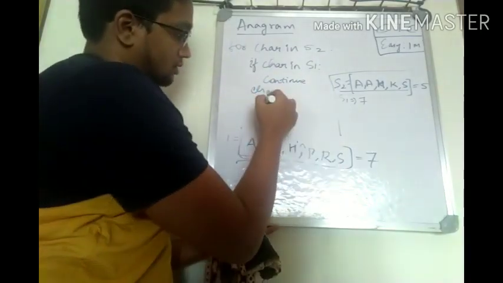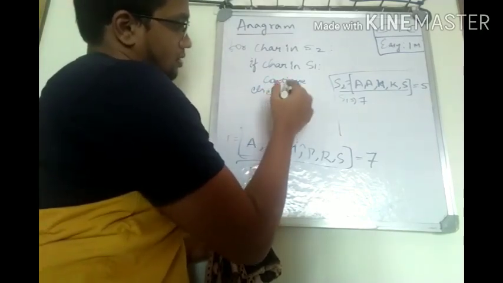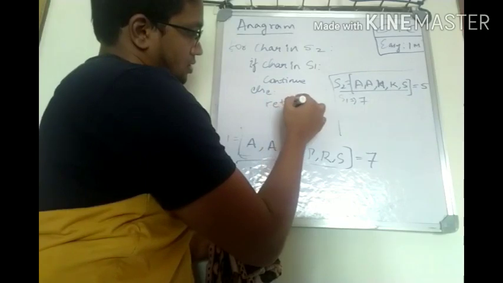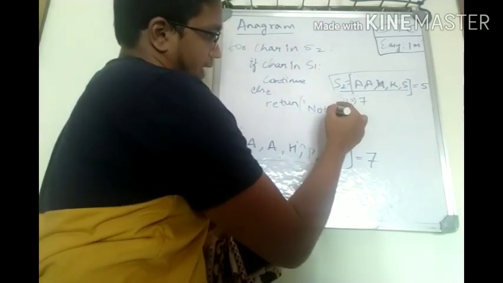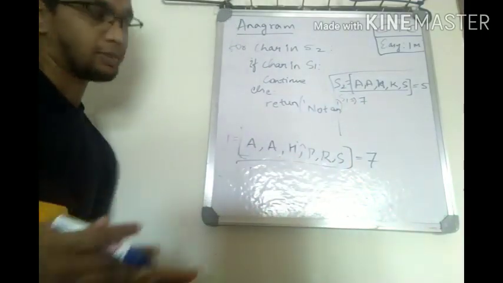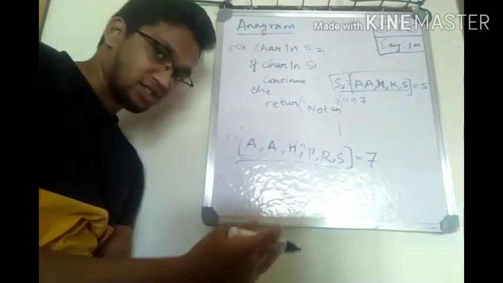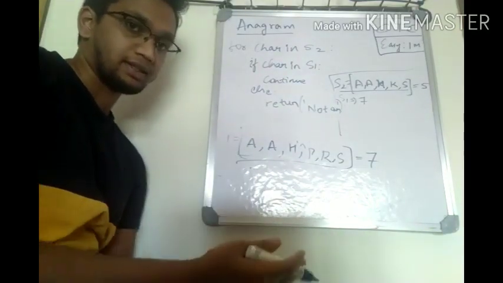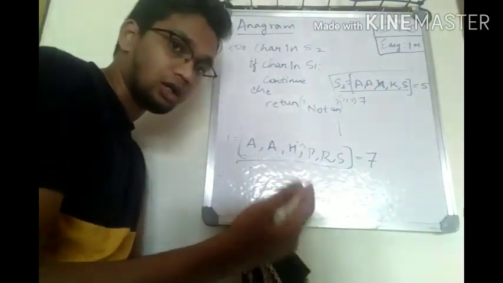Else return not anagram, or whatever the return statement will be. After this, if all the characters match from S2 in S1, then I'll just return yes, those both are anagrams.